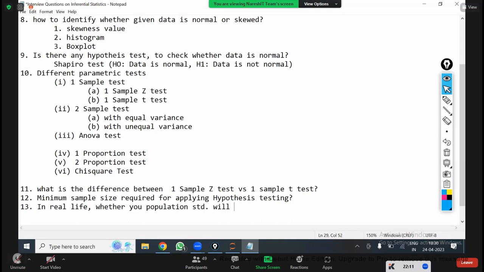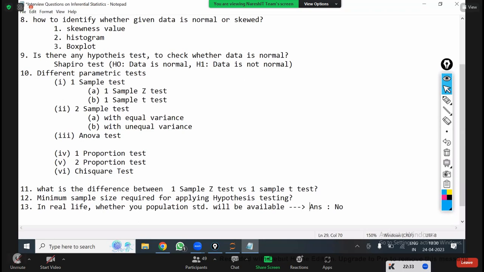But if 0.64 and 0.63 are different for you, and you want a perfect answer up to 2 decimals, it is better to select 1000. Then you can get the same answer up to 3 to 4 decimals also. There will be no difference between the Z test and T test. That is the difference. Is that clear?